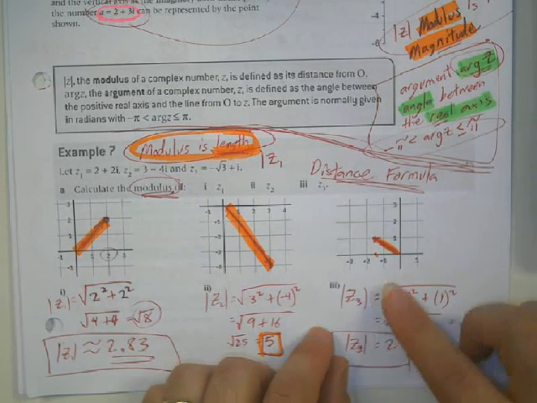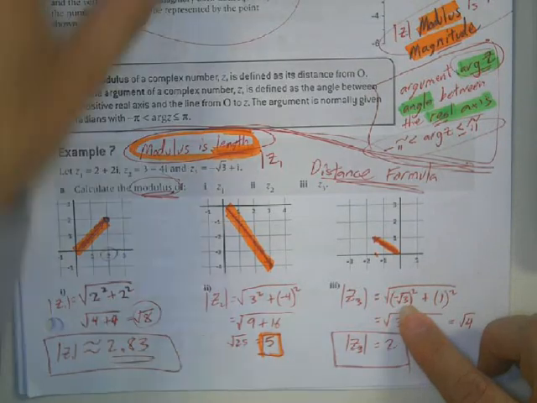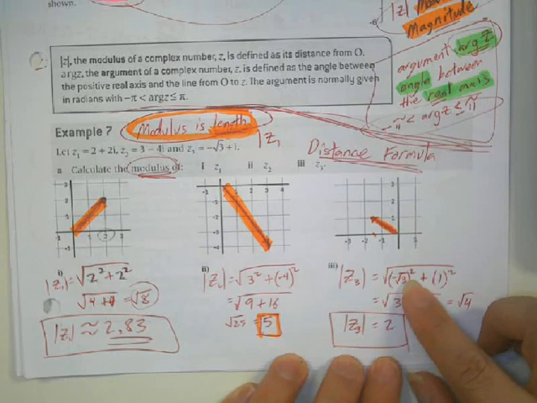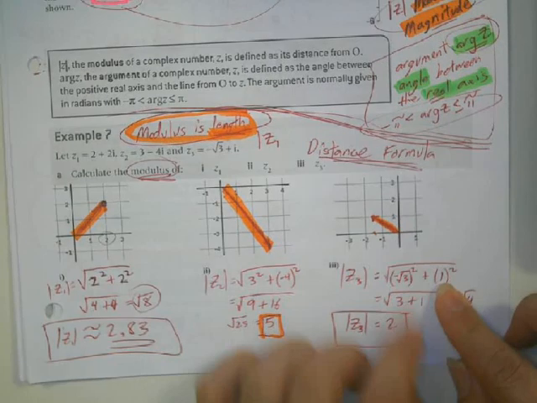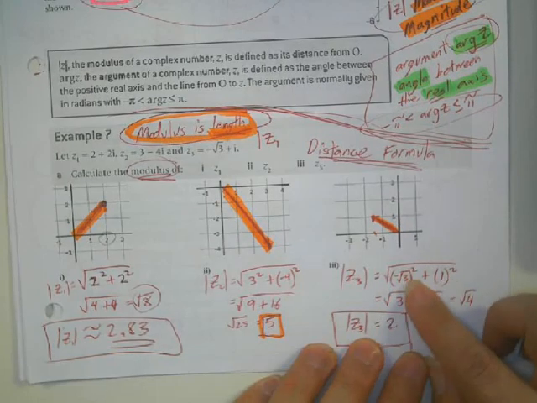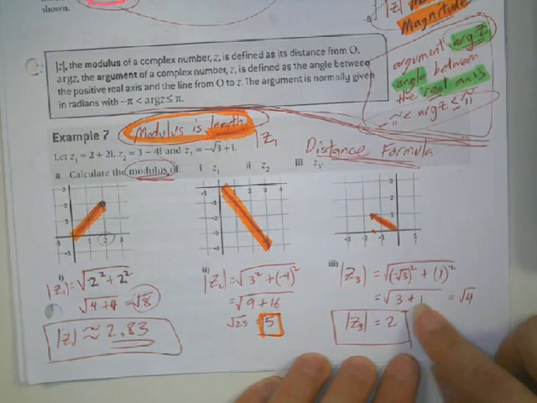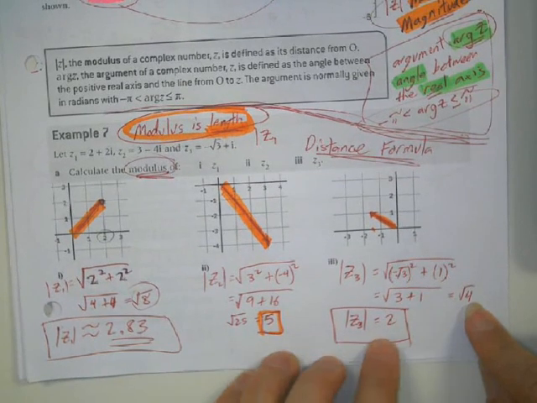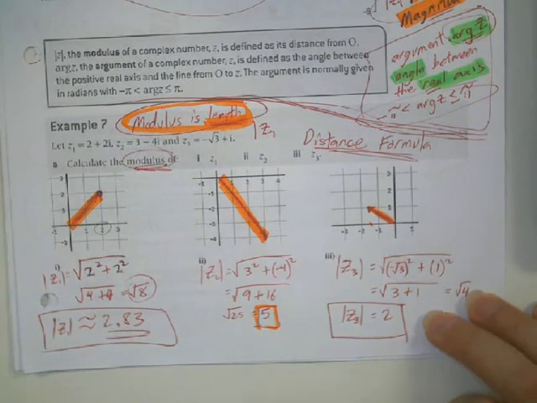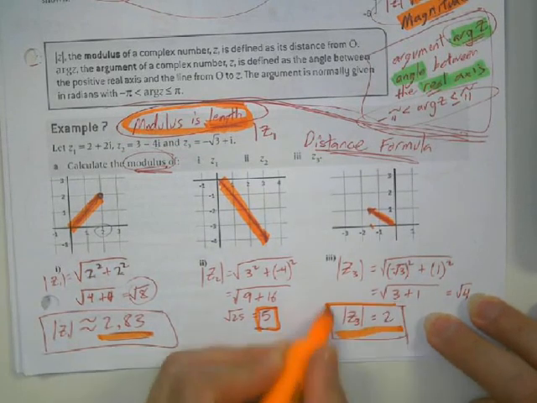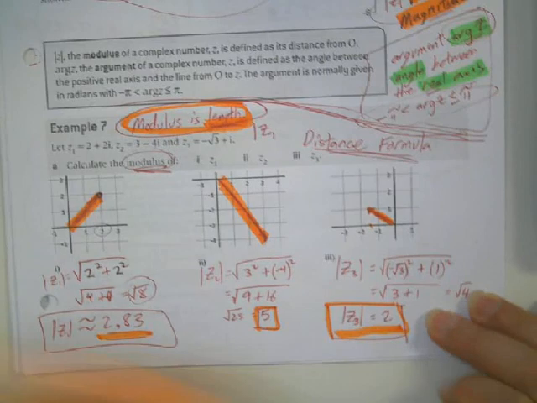I take the square root of the negative square root of 3 squared, plus 1 squared. The square root of 3 squared simply gives you 3, and 1 squared gives me 1. So I have the square root of 4, which gives me 2. Okay, so that's finding the modulus. Modulus is pretty straightforward. With the distance formula, it shouldn't be too hard.